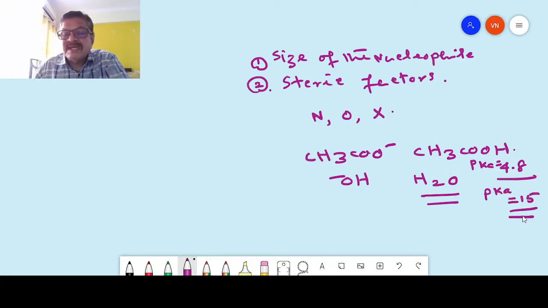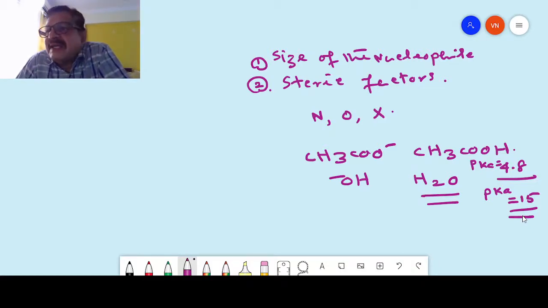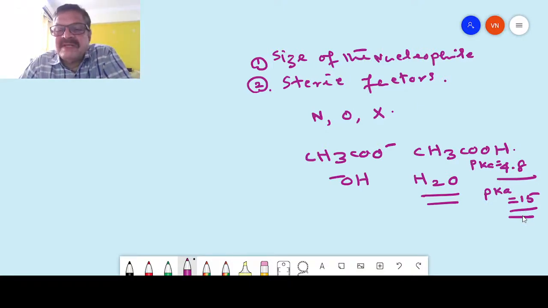Here the stronger acid has the pKa value 4.8; the lower the pKa value, the stronger the acid. Therefore, acetic acid is a stronger acid compared to H2O. Therefore, OH minus is a stronger base, and a stronger nucleophile compared to CH3COO minus, the acetate anion.